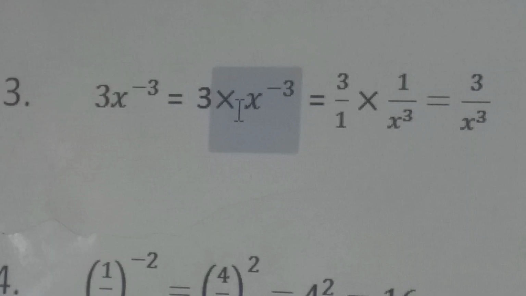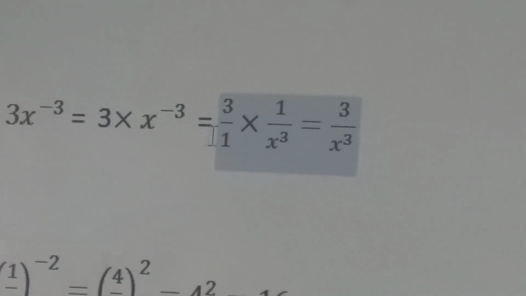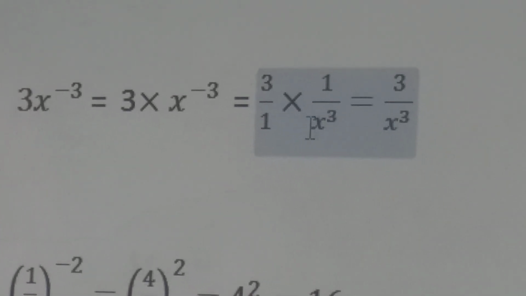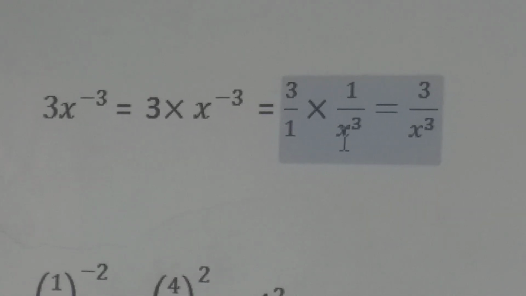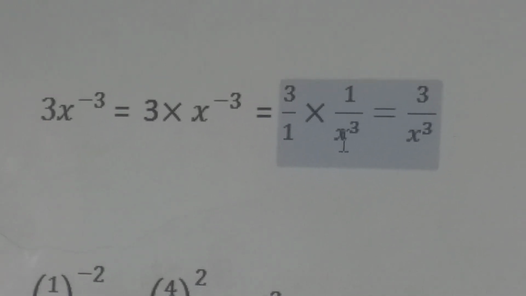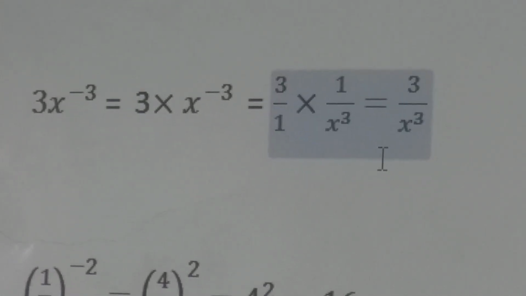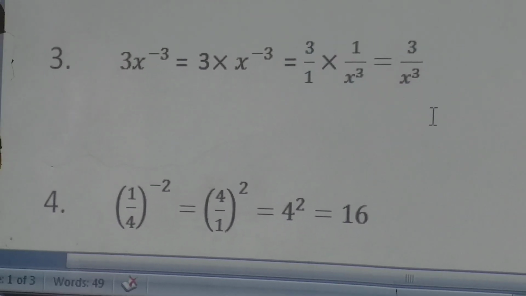So we are saying 3 times x to the power minus 3, which is equal to 3 over 1 times 1 over x to the power 3, because we said any number to a negative power is equal to 1 over that number to the power that power without the negative sign. So we say 3 times 1 is 3, over 1 times x cubed is x cubed. So our answer is 3 over x cubed.